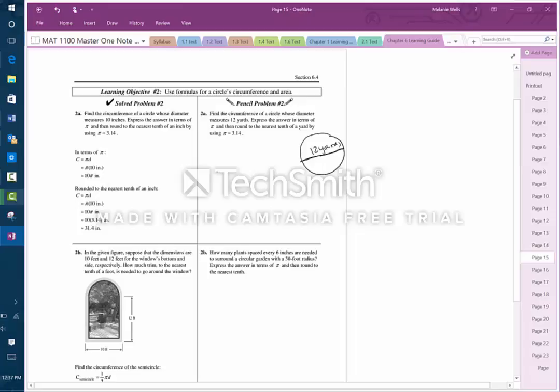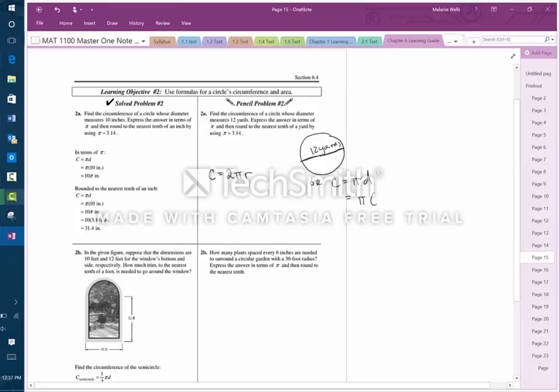Okay, so the circumference formula of a circle is 2 pi r, or you could use pi d. Since we've been given the diameter, you could use this formula.